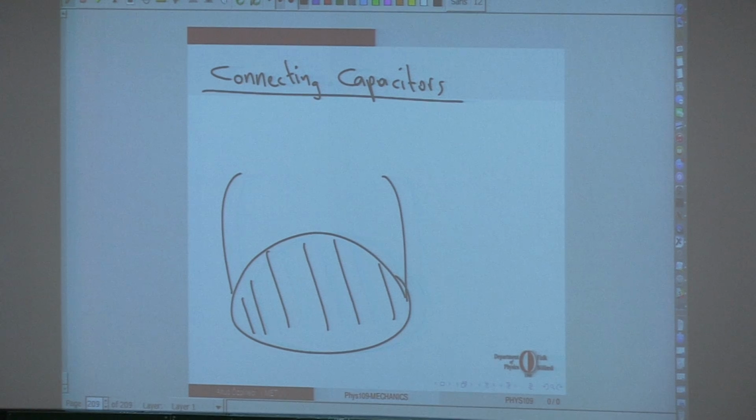Let's imagine we have two capacitors, one of them, C1, and the second one, with capacitance C2.